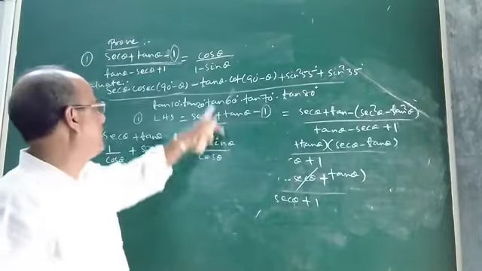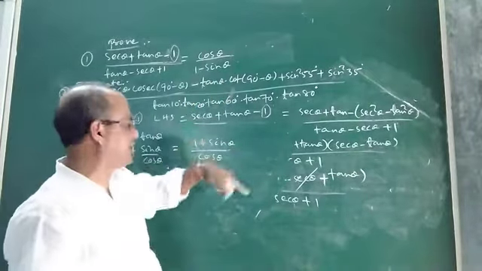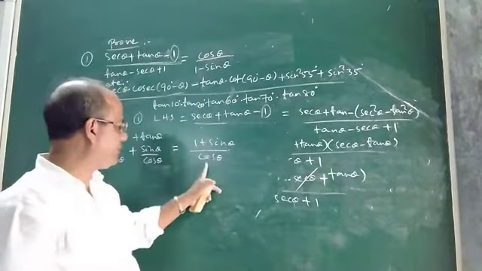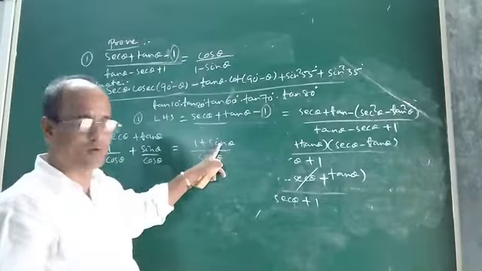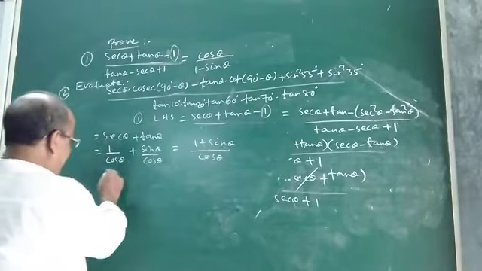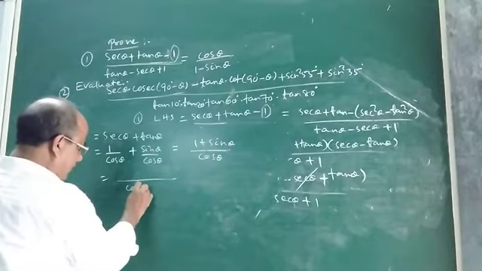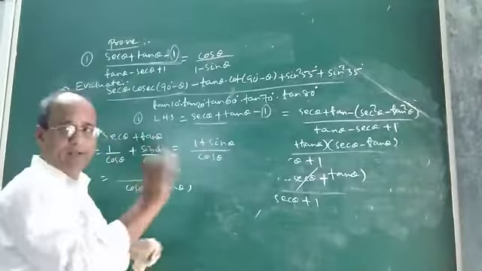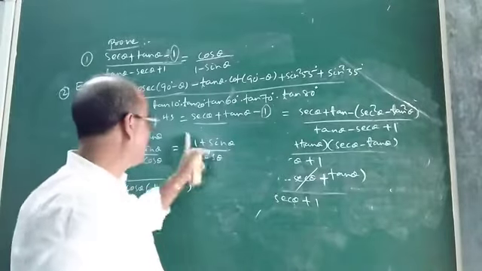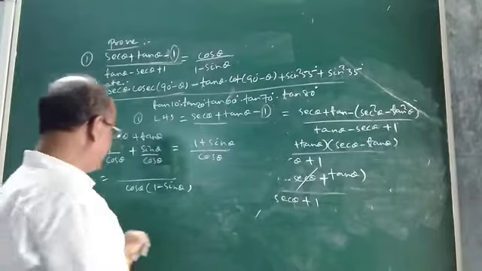Now what is the next step? We want 1 minus sin theta in the denominator and cos theta in the numerator. But here it is cos theta in the denominator and 1 plus sin theta in the numerator. So what will be our next step? We have to bring 1 minus sin theta into the denominator, so multiply 1 minus sin theta to the numerator and the denominator.